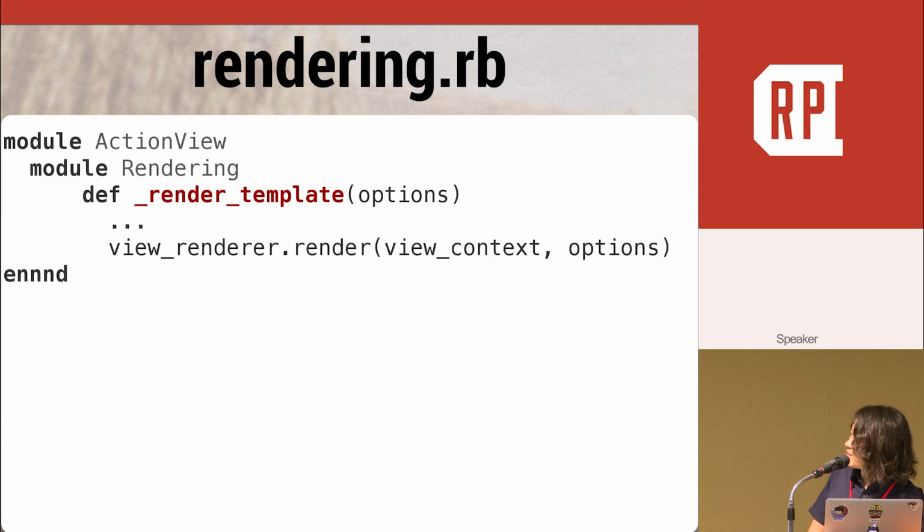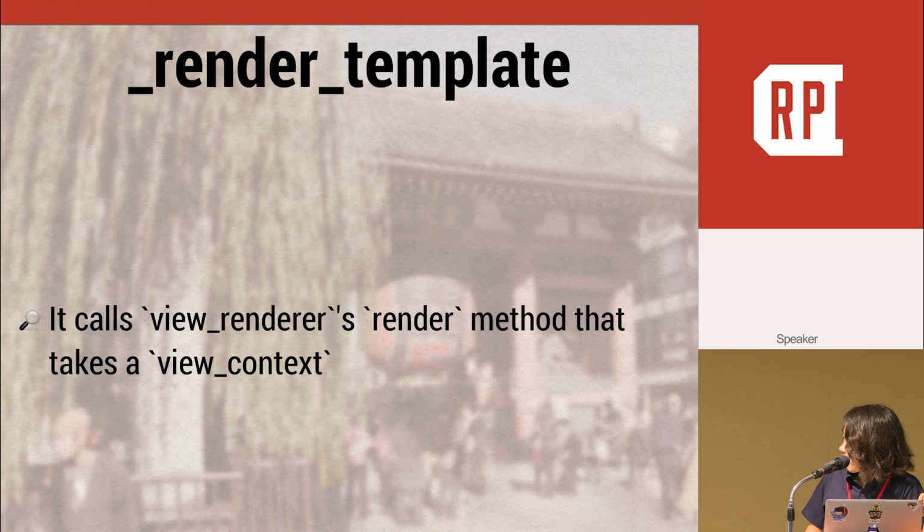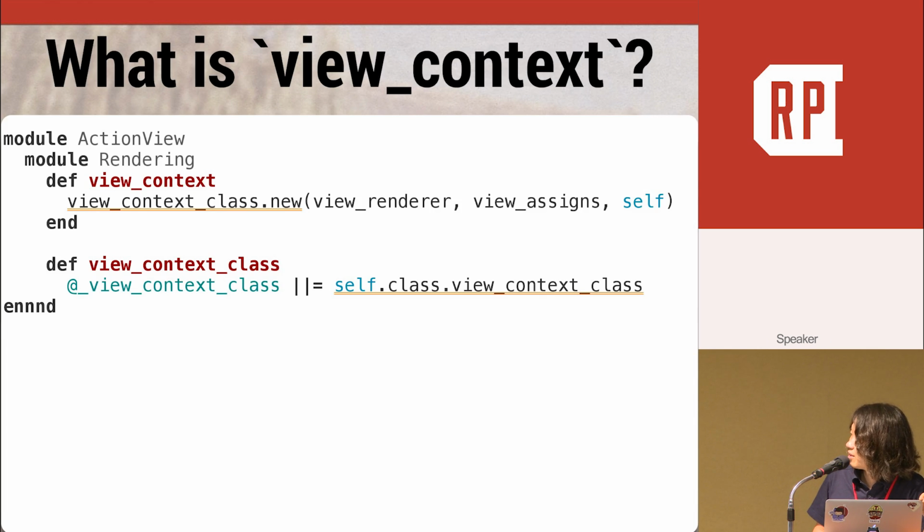Okay, so this is the source code of ActionView rendering. ActionView rendering defines a method called render template, which calls view renderer's render method with view context. So view context is something like this. It's a class method call which creates an instance of view context class.